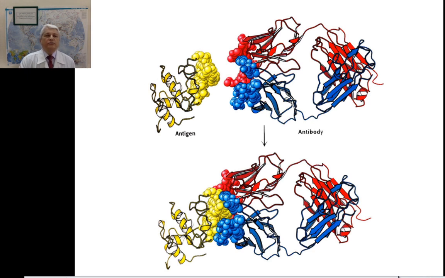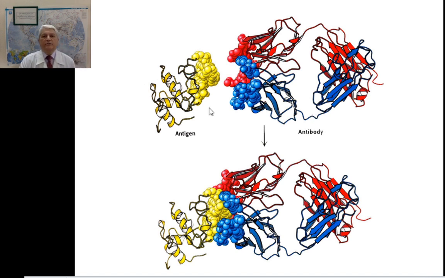My question, what is shown here? Look carefully, and you will, I think, simply understand that this is a Fab fragment of immunoglobulin. Blue color shows the part of heavy chain, and red color shows light chain.